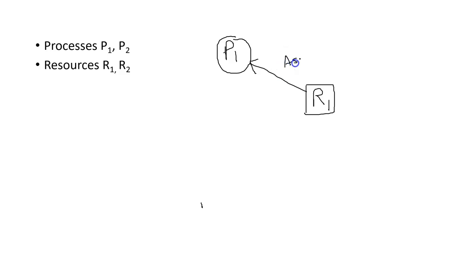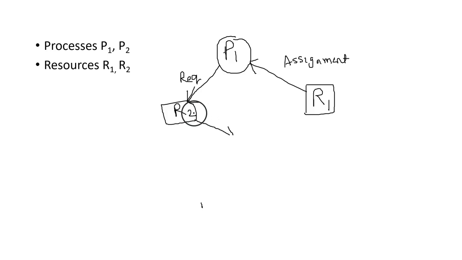We can write R1 is assigned to process P1, that is towards the process. And the same process is requesting for another resource, that is R2. Whenever there is an arrow towards a resource, then it is known as request edge.